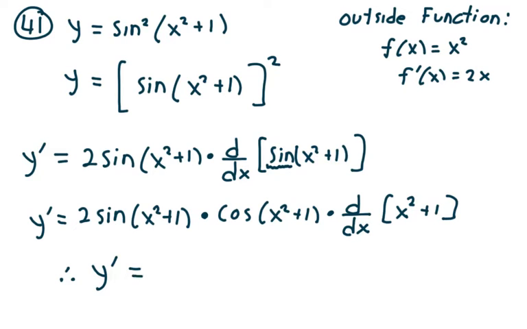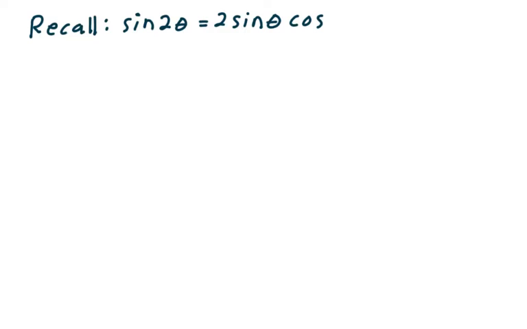So y prime ends up being, now the derivative of x squared plus 1 with respect to x is 2x. 2x times 2 is 4x. So you get 4x sine of x squared plus 1 cosine of x squared plus 1. Now, I'll just add, recall, sine 2 theta, that's the double angle identity for sine, so you get 2 sine theta cosine theta.